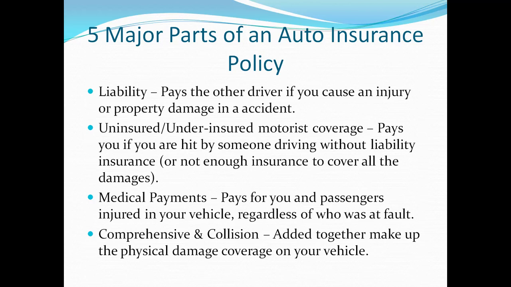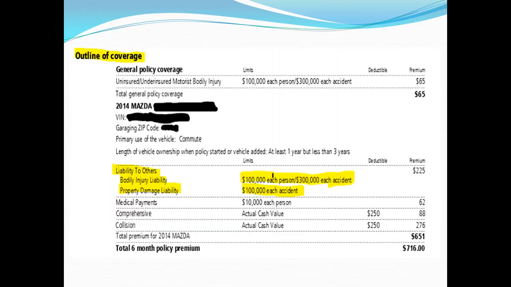Now I want to show you an actual declaration page so you can get an understanding and an idea of what to look for and explain the levels of coverage. So here we see the outline of coverage part of a declaration page, and we'll start with liability, what you see highlighted there.